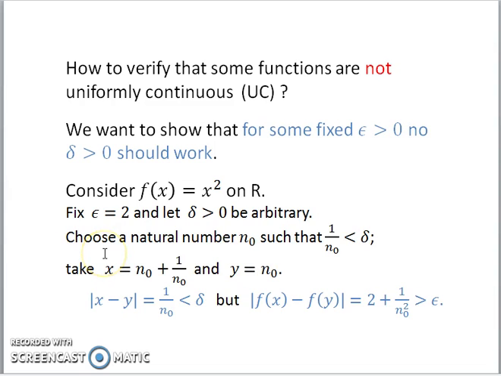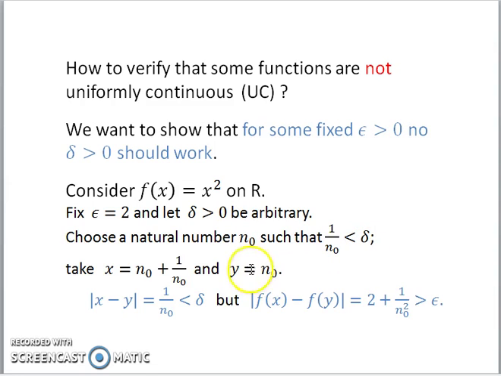Let us apply it to the function f of x equal to x squared on R. Fix epsilon equal to 2 and let delta strictly greater than 0 be arbitrary. Choose a natural number n naught such that 1 over n naught is less than delta.